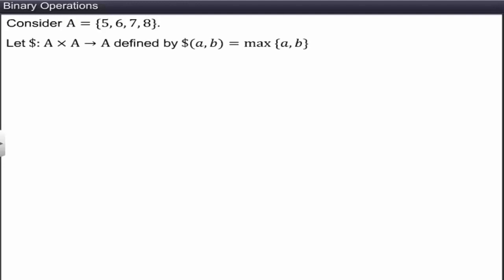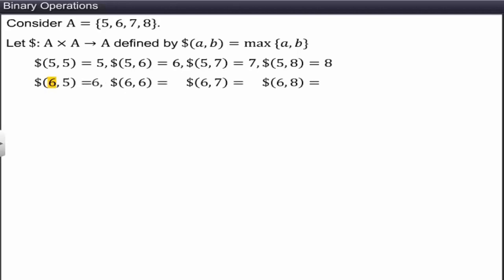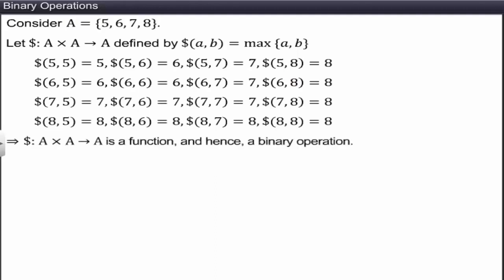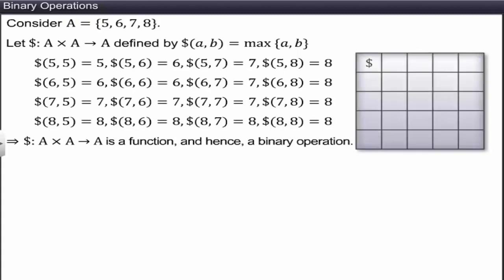Let star be a relation from A cross A to A, defined by star of A comma B is equal to maximum of A comma B. Here the maximum of any two elements of A also belong to set A. This shows that star is a function on A, and hence a binary operation on A. This binary operation can be expressed using the table as shown.